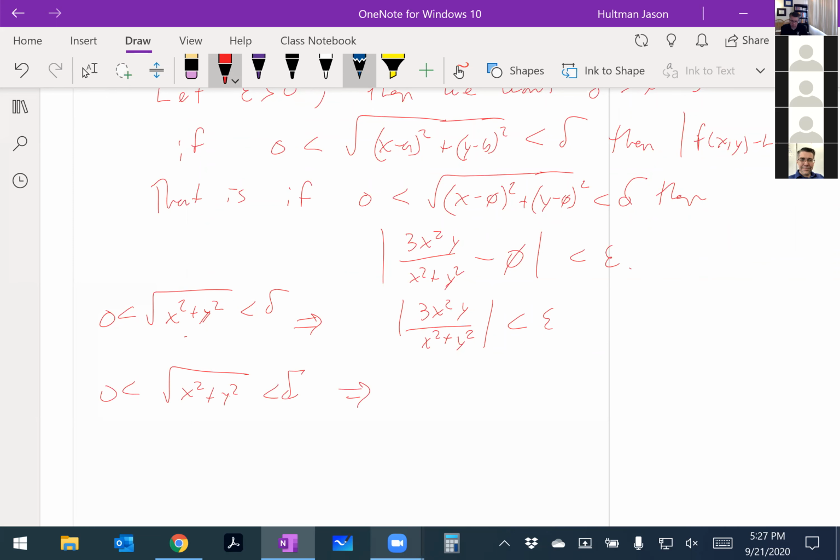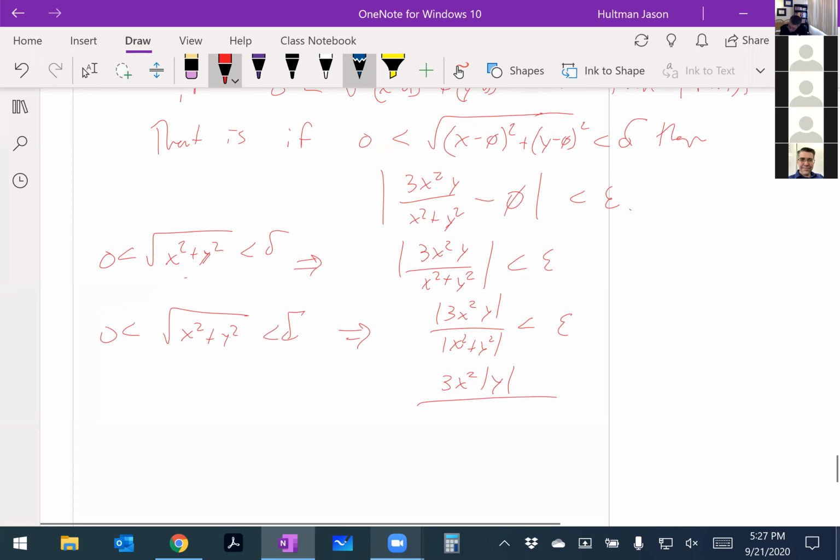So if I took the absolute value of the top and the absolute value of the bottom, would I really need the absolute value of the bottom? Well, no, I really wouldn't, because any x or y value squared and added together would still be a positive value. So the way I'm going to rewrite this is 3x squared absolute value y over x squared plus y squared is less than epsilon. Interesting.